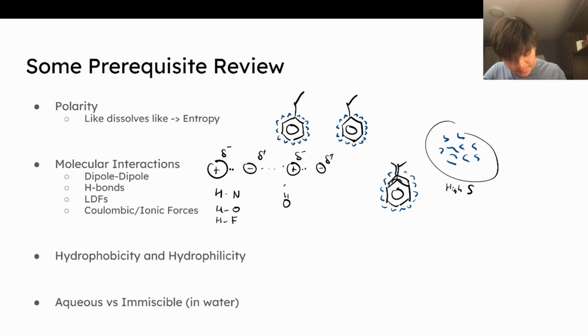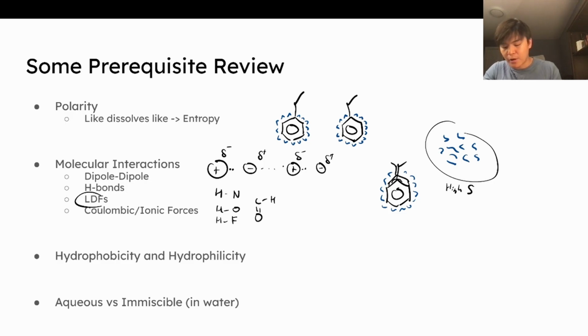Another one is a carbonyl, COO and this H. This is also just as polar, so this also counts as one of the H bond group members. This is just a dipole-dipole interaction on steroids. They're super strong. That's why water is extremely good at dissolving anything that's remotely polar, and also why water is bad at dissolving things that are non-polar: these water molecules want to bind to each other and not so much the thing inside.